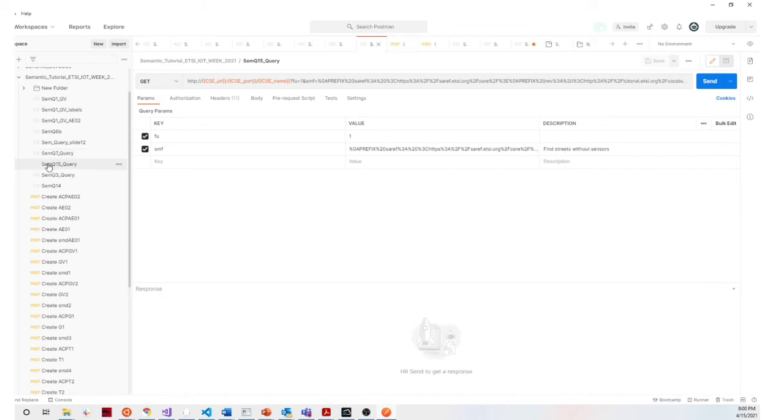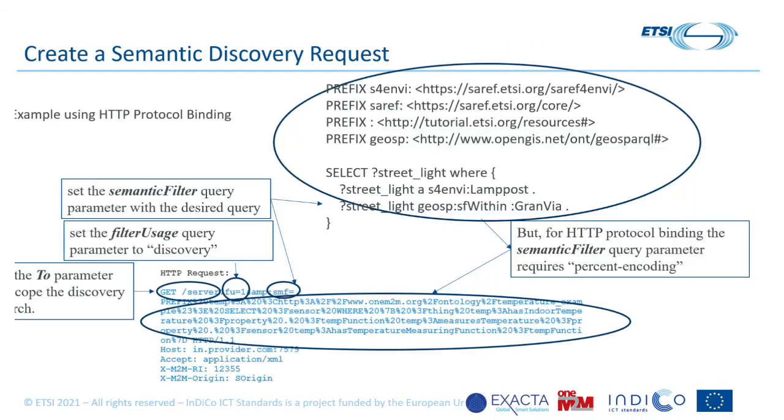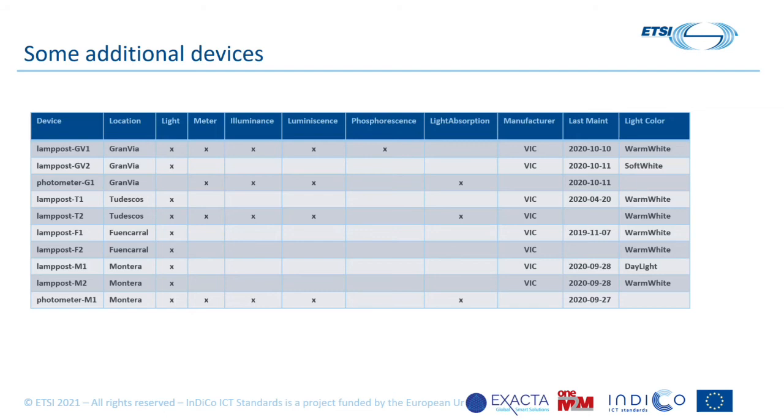So in the next query, this is a find streets that do not have any sensors on them. And in this case, that's Fuen Carroll. And Fuen Carroll has lights but no meter.